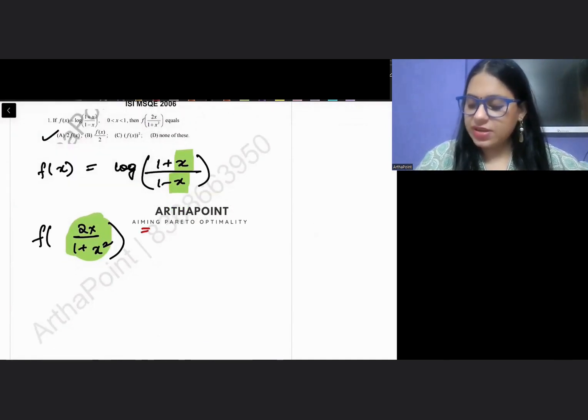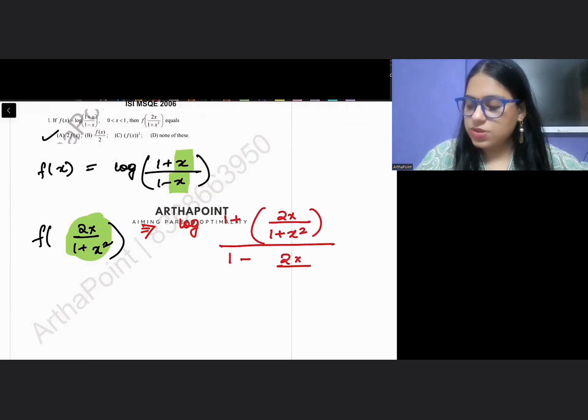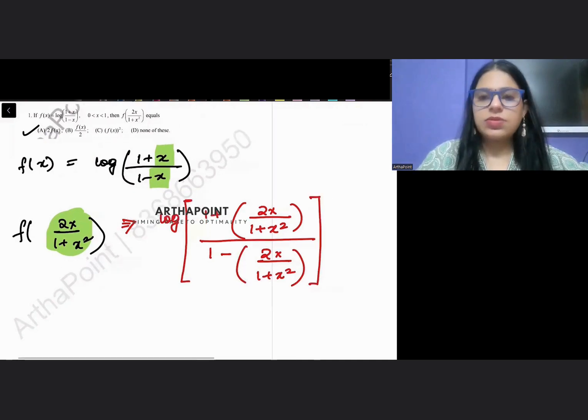You will get log of 1 plus, instead of x, this function. Right?